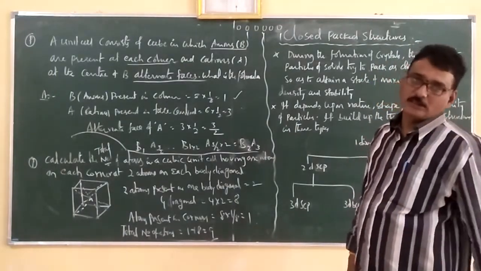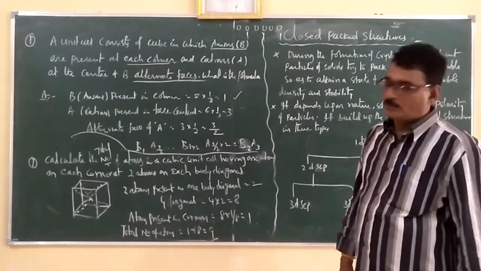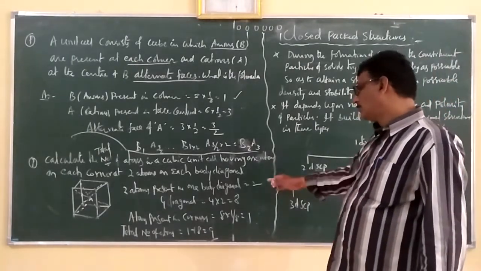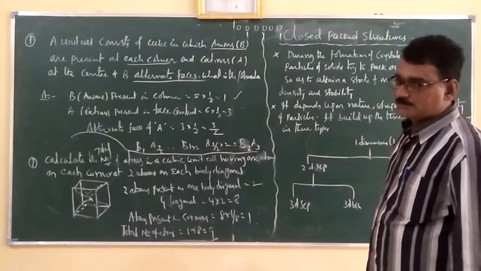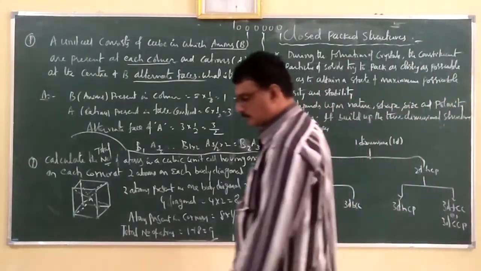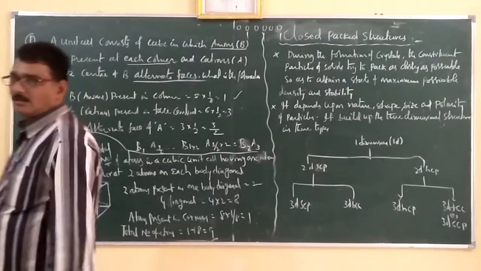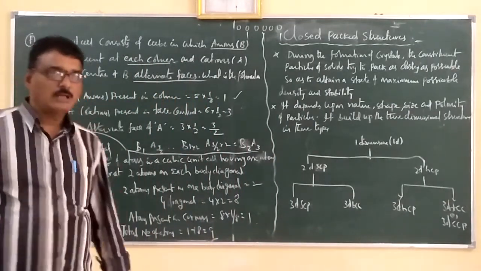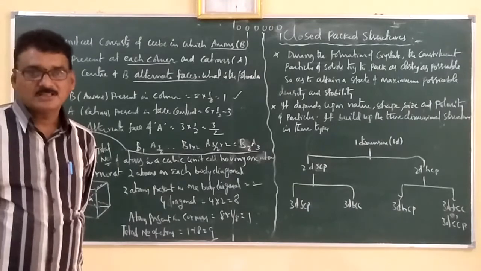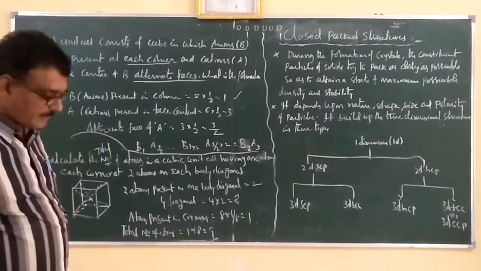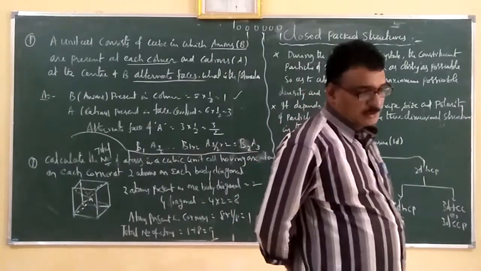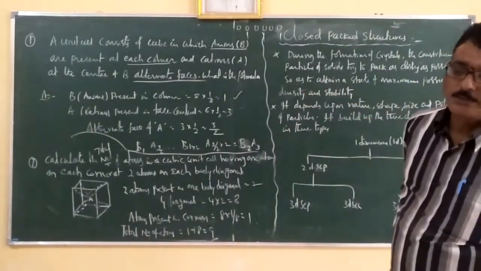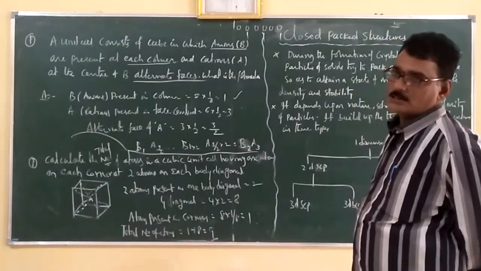But asking the total number of atoms, therefore 8 plus 1 is equal to 9. These are the problems based on the number of atoms present in a simple or primitive unit cell, face-centered cubic unit cell, and body-centered cubic unit cells.